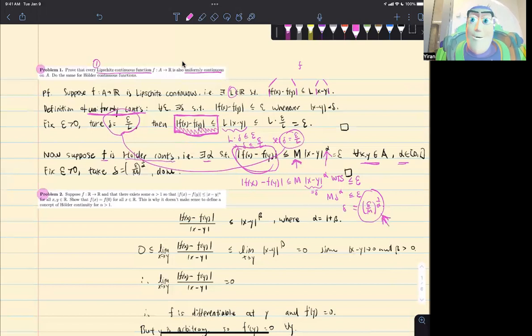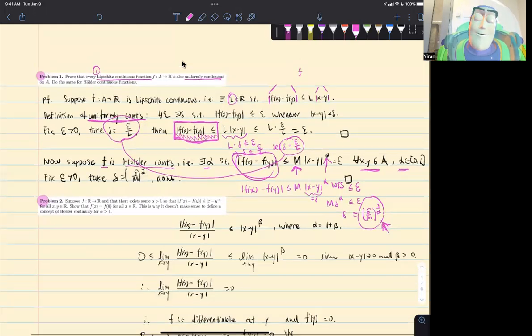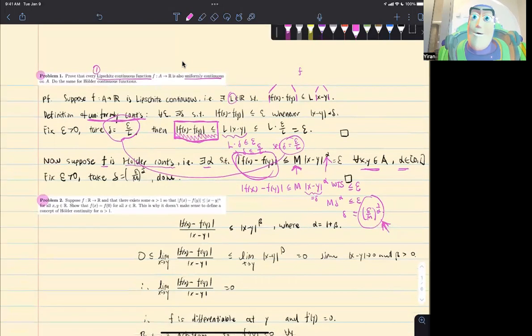Okay, so at this point, I finished explaining the first problem. And I'm trying a new study method, which is after I finish a problem and learn something from it, I put that into an Anki card. So what I'm going to do now is pause the video and input the definition of Holder continuity, because that is new to me, as well as this problem.